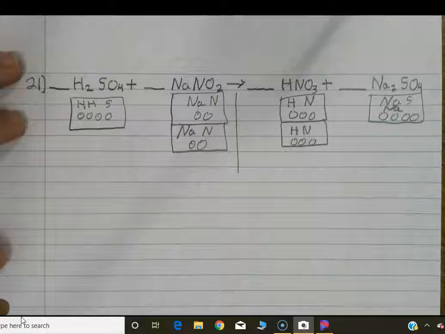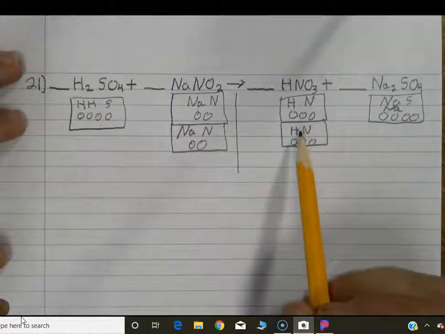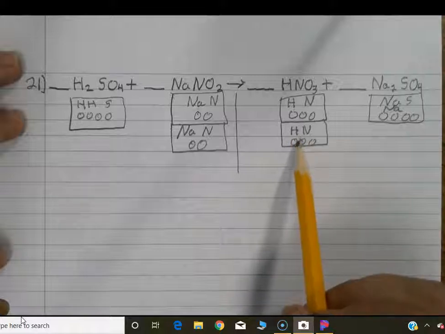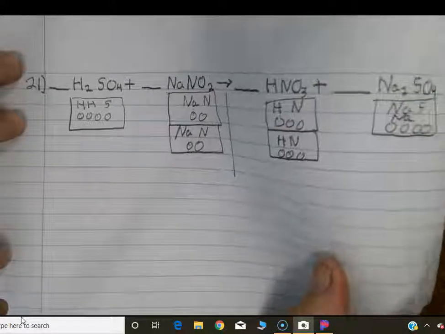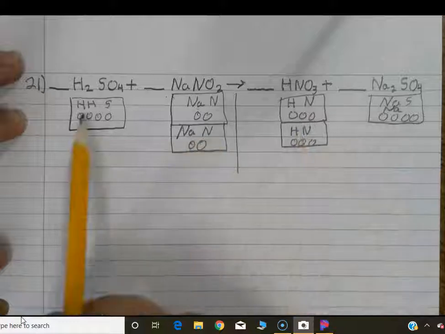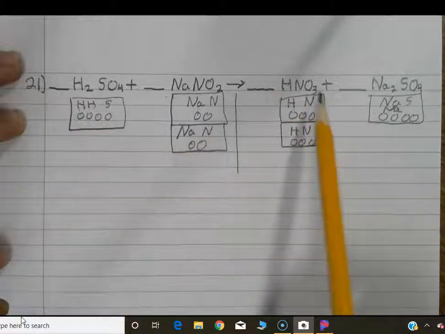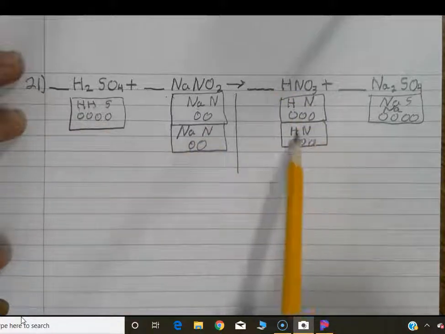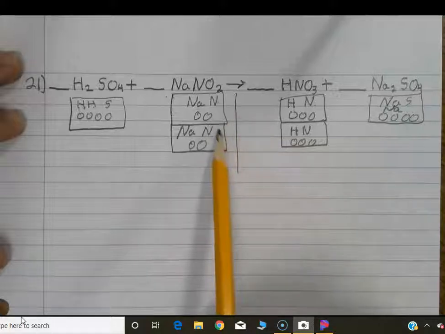Okay, sodium's in balance. How about hydrogen, is it in balance? Yeah, we drew the second one. Our hydrogens are in balance. Our nitrogen, we have 2 here, and we have 2 here now, so we're okay with that.